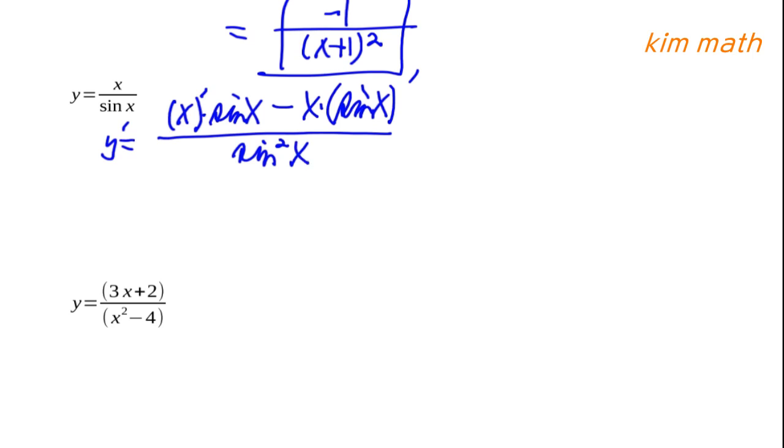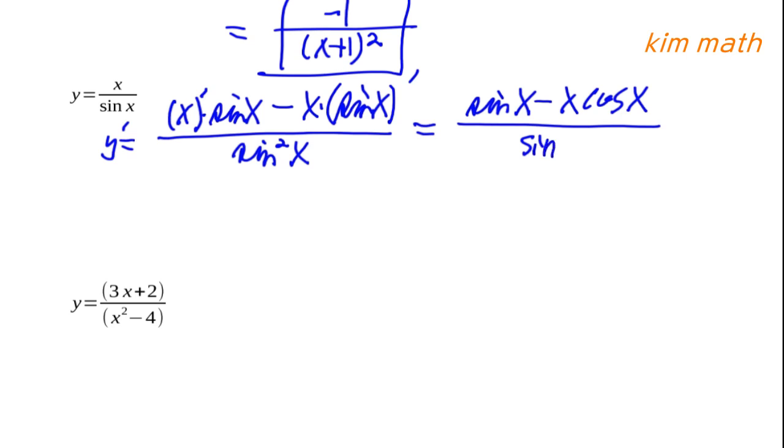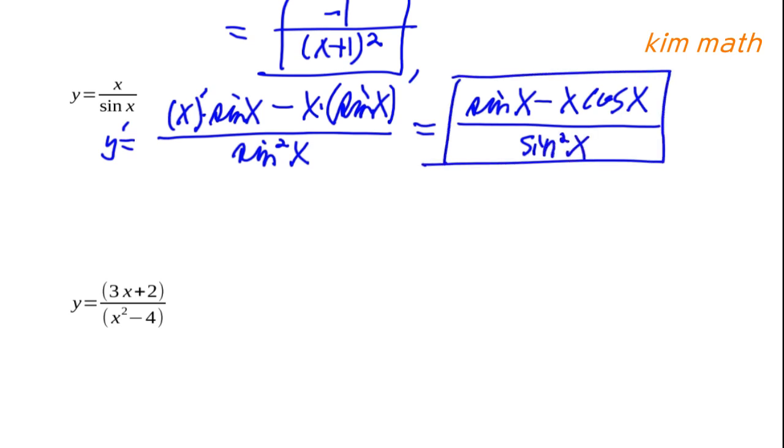Is that okay? So you have only sine x left, minus x. Derivative of sine is cosine, so x times cosine of x over sine squared of x. Okay, this is your derivative.